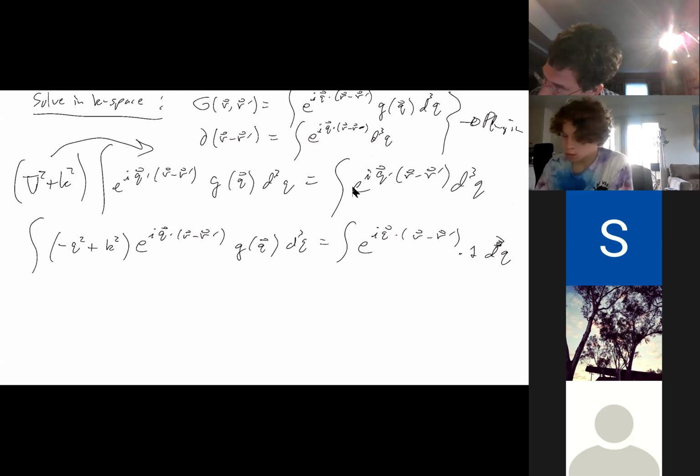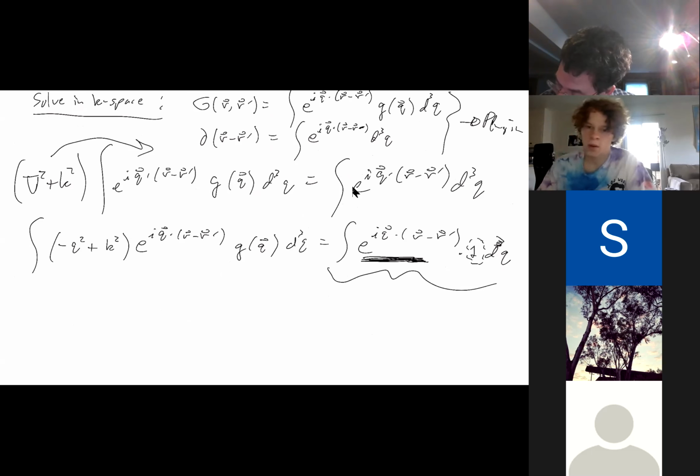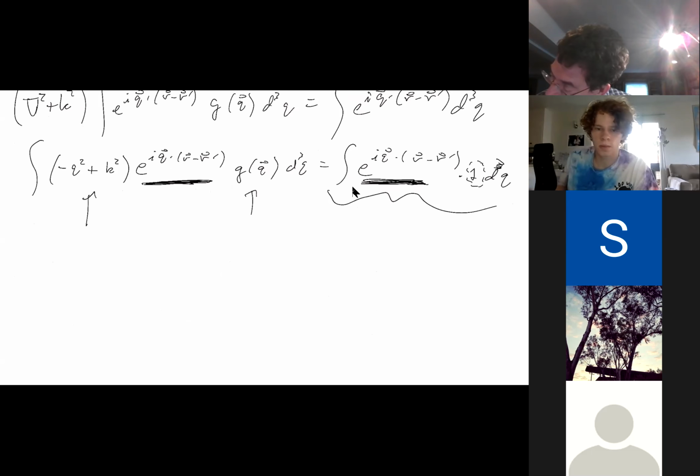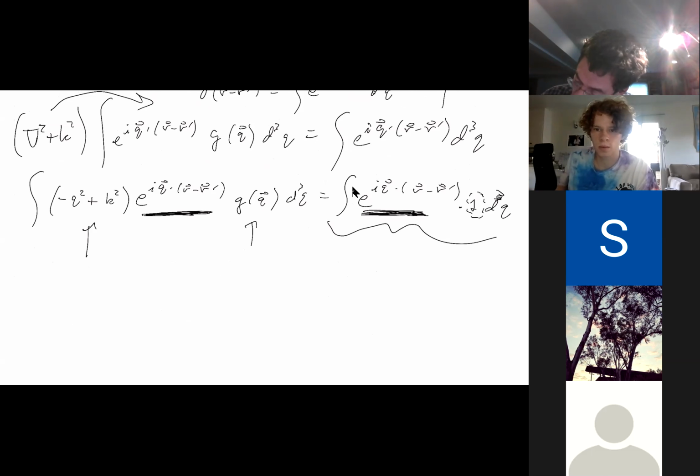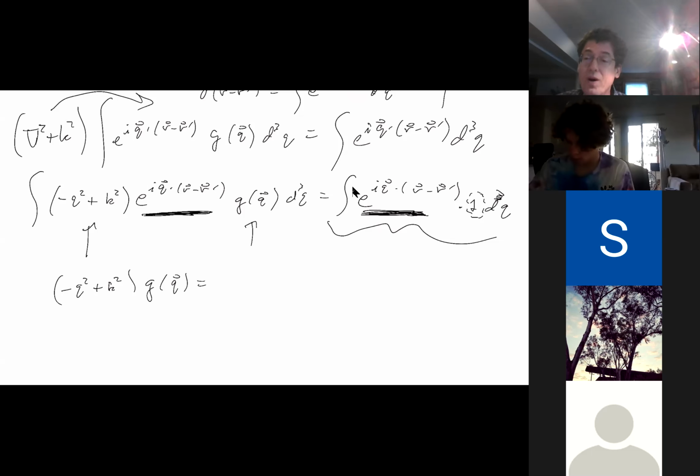And so now look, on the right hand side I have this wavy thing multiplied by the number 1. But on the left hand side, I have this wavy thing multiplied by this times this. So then I can say that minus Q squared plus K squared times G of Q equals what?